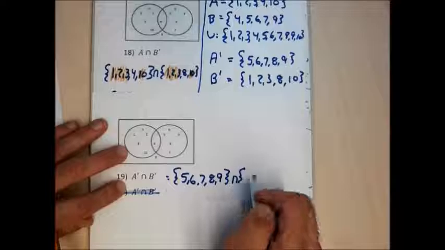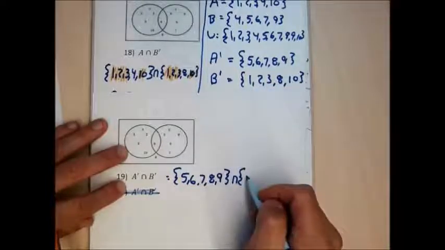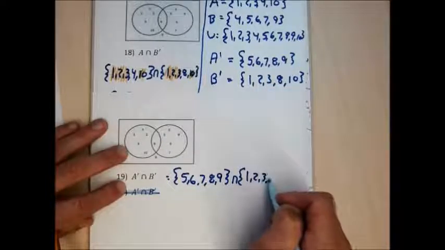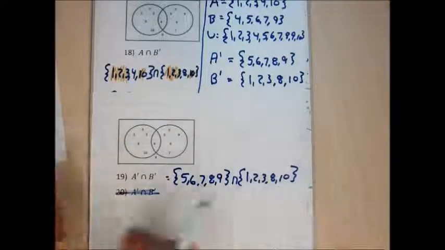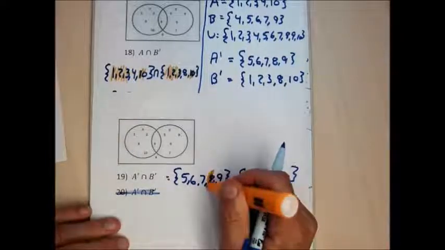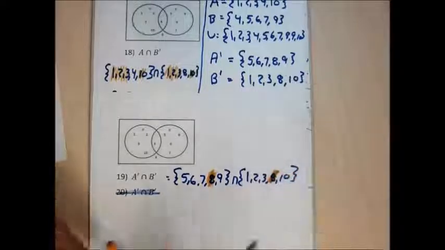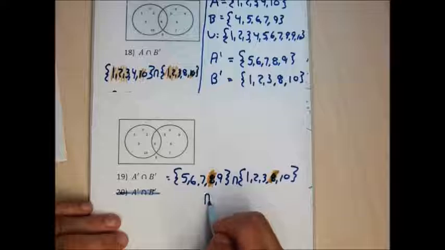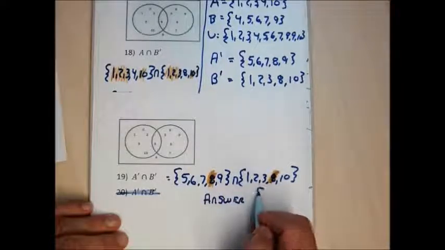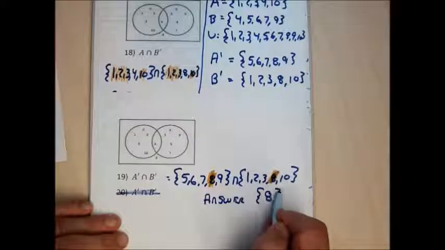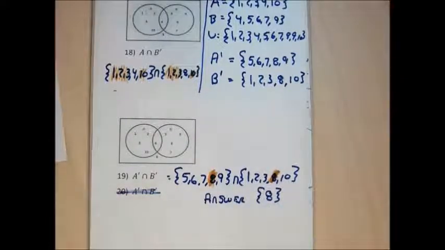Intersect that with B complement, which is 1, 2, 3, 8, and 10. Now I need to find out what these two sets have in common. As I look at these two sets, I think the only thing they have in common is the number 8. The intersection is what those two sets have in common, and that's just the number 8.